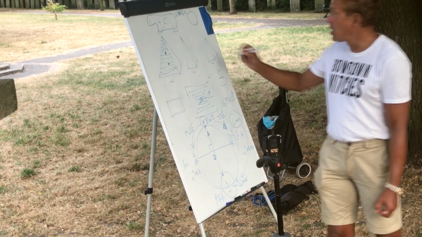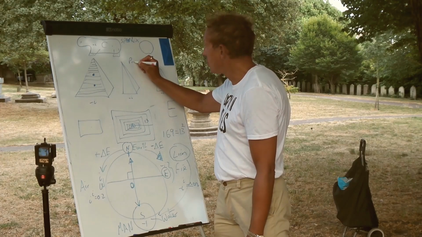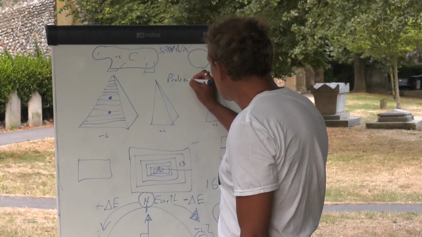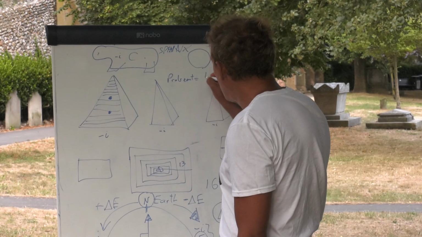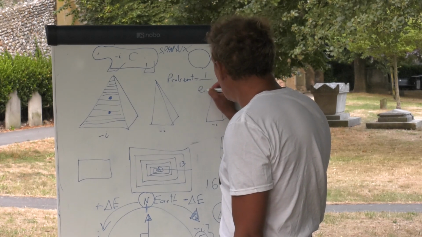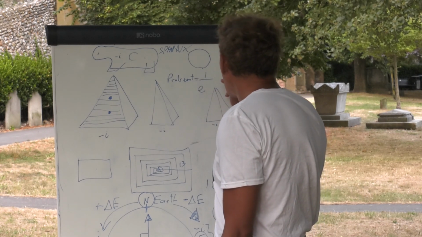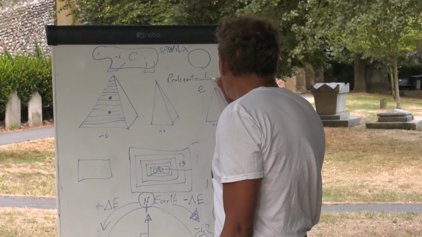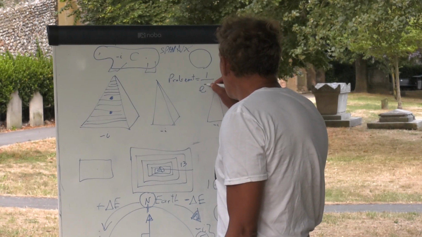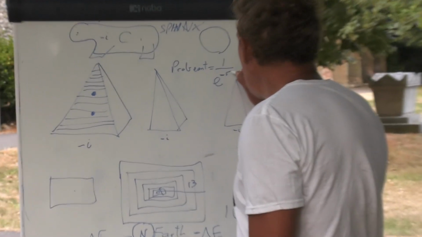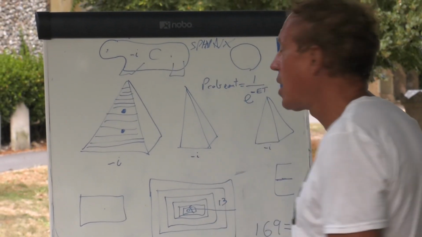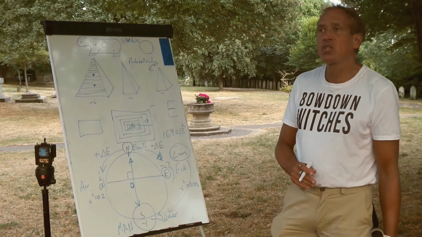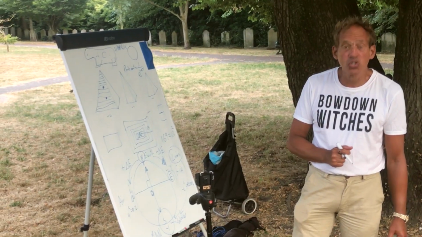That comes from the probability of an event equals 1 over e to the minus Et, where e is just some mathematical constant like pi.